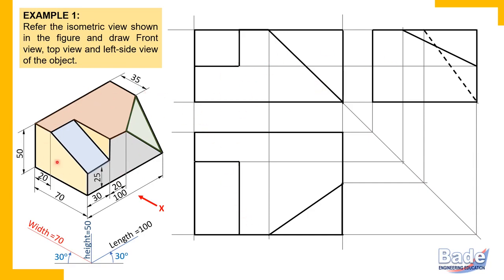This is what I am telling you, that example 1 and example 2 diagrams I have already shown to you. A little different approach to be used. This is an object which is a single block bounded by many surfaces. So edges and surfaces are to be identified, principal edges and principal surfaces, and the drawing is to be completed. This is how we have completed the drawing.